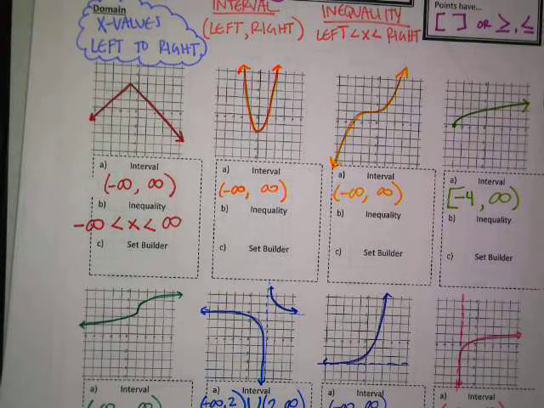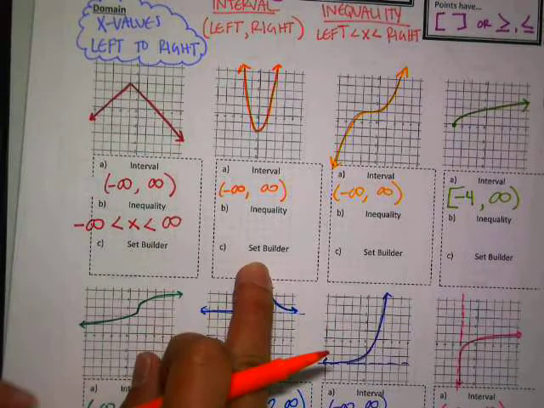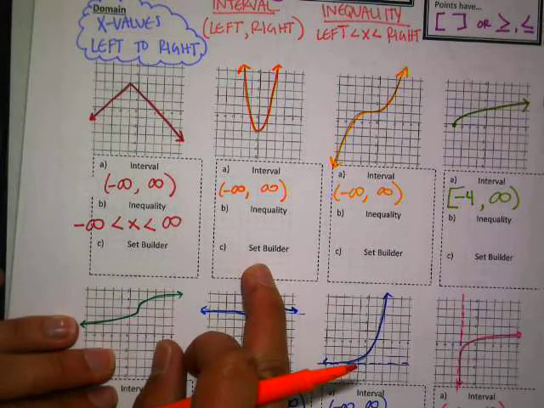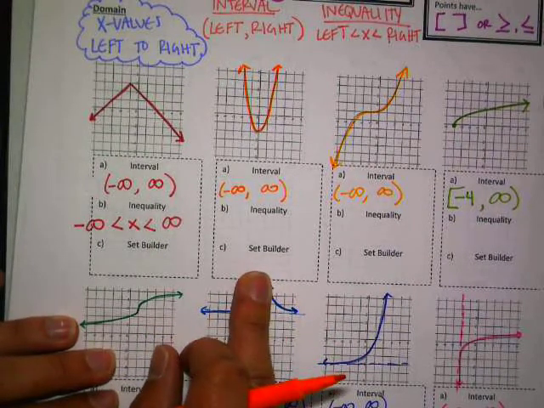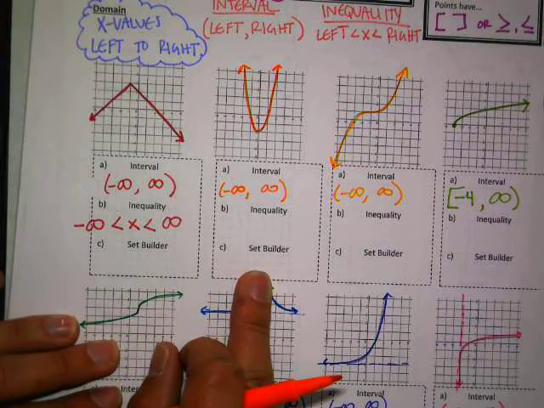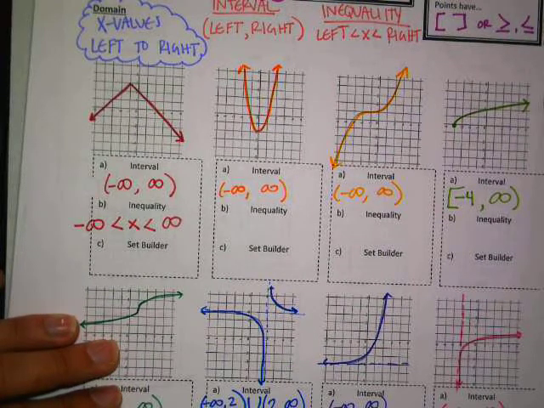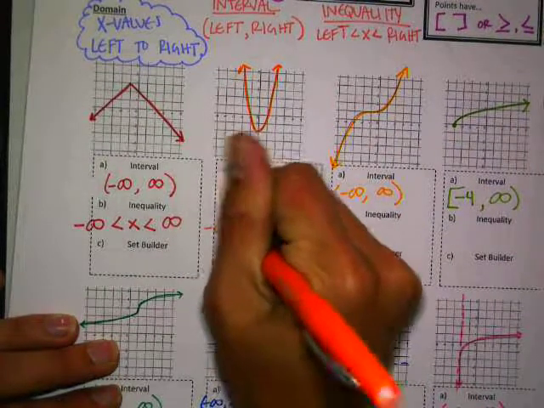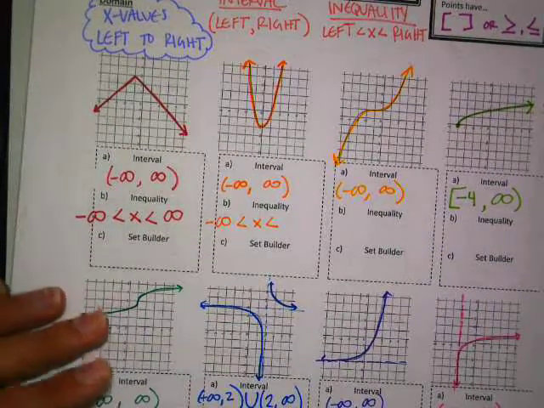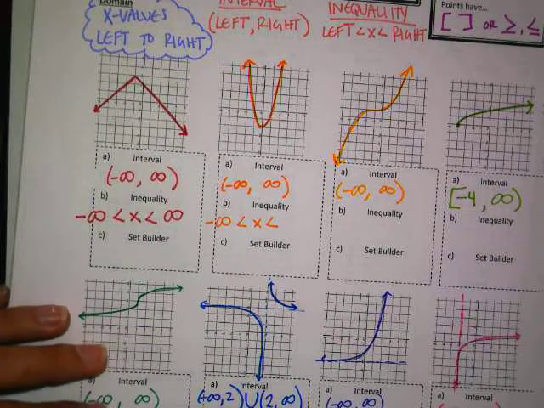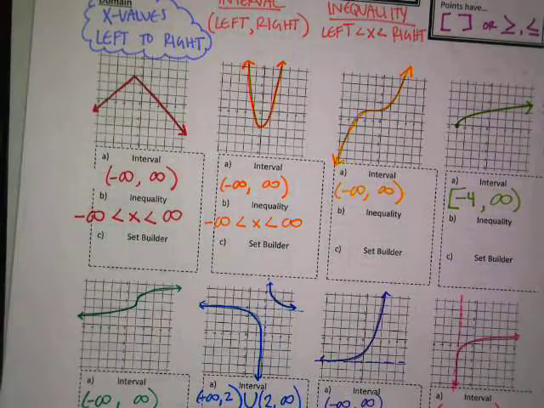Jordan, what's this one going to look like? How far left am I going? Infinite. So negative infinity, and then the less than x, less than, that stays the same. And then how far right am I going? Infinite. So it's like that. Does that make sense? Okay.